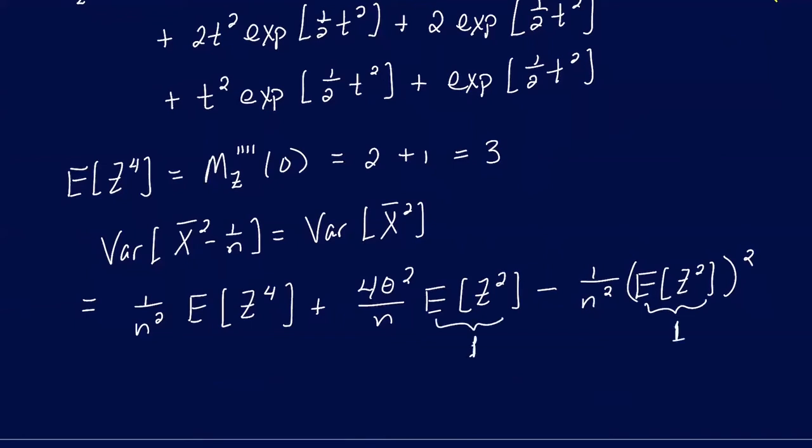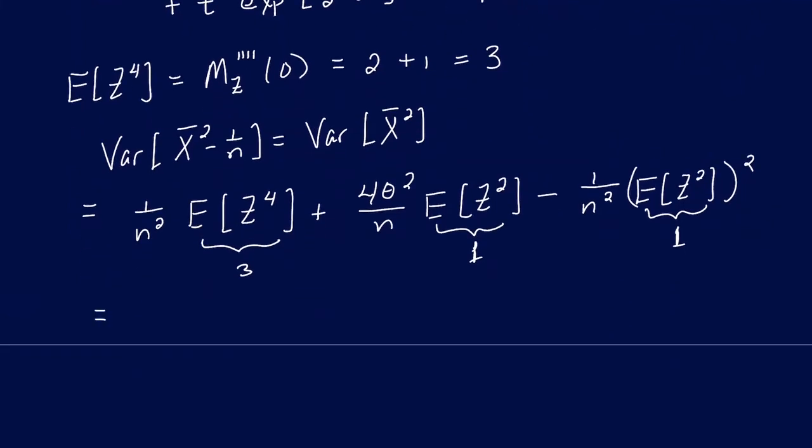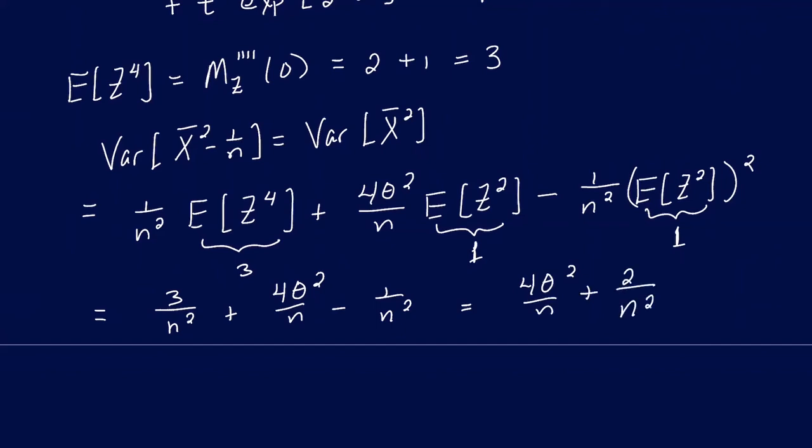So this is 1, this is 1, and this is 3. And so I've got 3 over n squared plus 4 theta squared over n minus 1 over n squared. So I have 4 theta squared over n plus 2 over n squared. And that is the answer to part B, the variance we were trying to find.